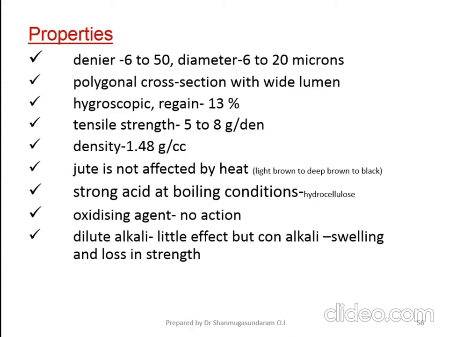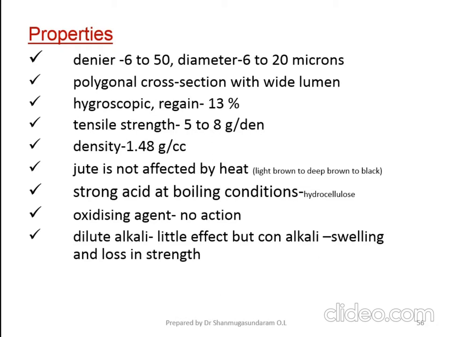Similarly, when the flax fiber is treated with strong acid like hydrochloric acid or sulfuric acid, it forms hydrocellulose. So your cellulose starts degrading. Then if you treat it with an oxidizing agent, what will happen? There is no action. The fiber will not get damaged if you treat it with an oxidizing agent.